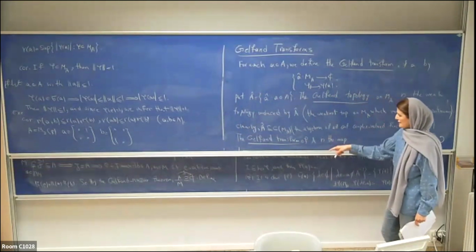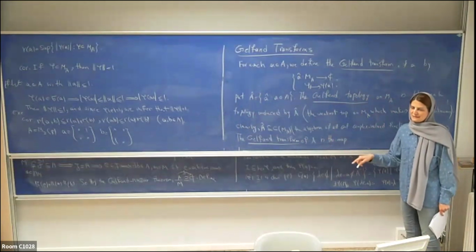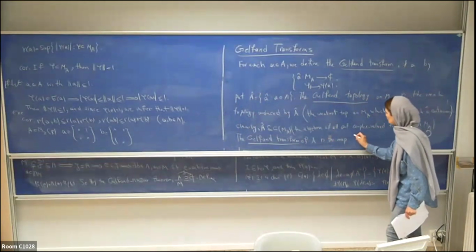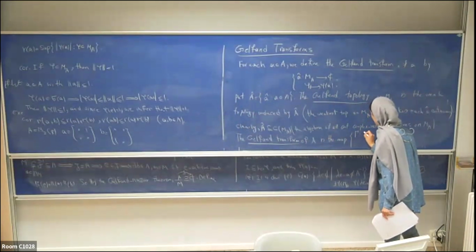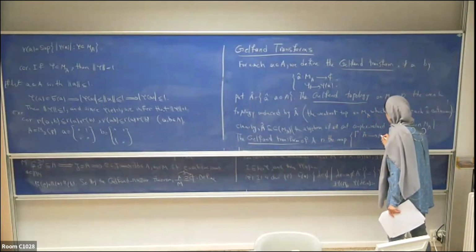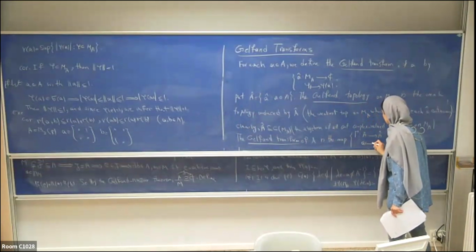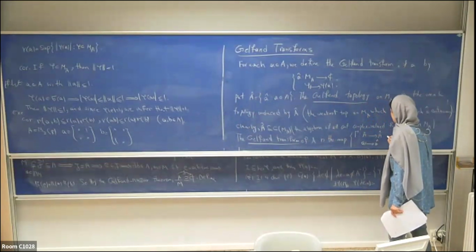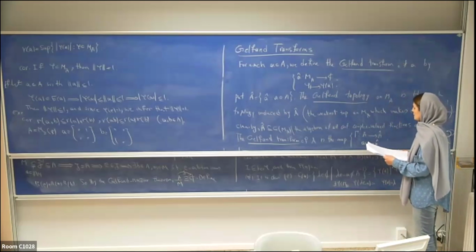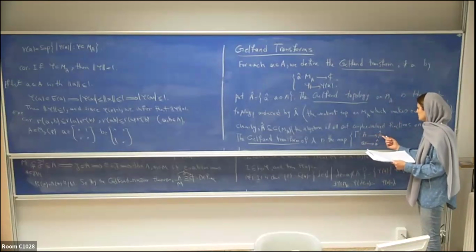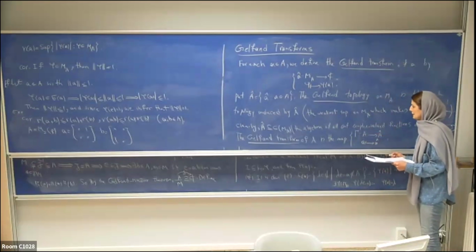Because I want to use it in the next theorem, I prefer to put a name for it. It is the map from A to A hat, which takes a to a hat. It is a surjective map from A onto A hat.